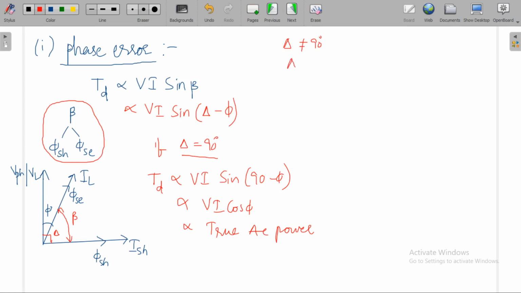If it is less than 90 degrees, say 85 degrees, then TD will be proportional to VI sine of 85 degrees minus phi. That is, it is not proportional to true power, which causes an error. That error is called phase error.